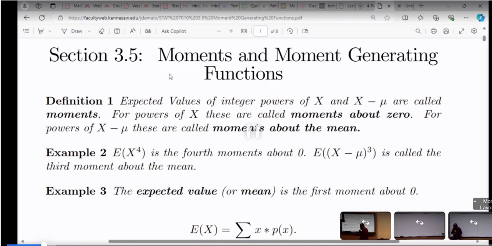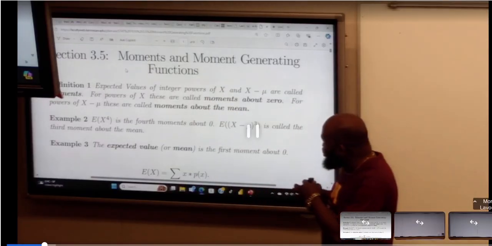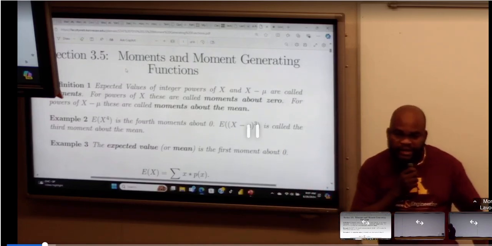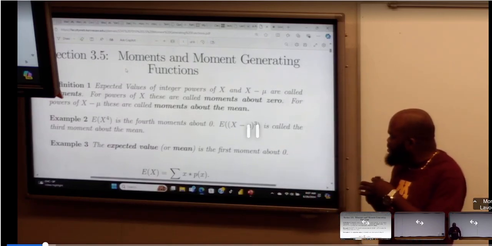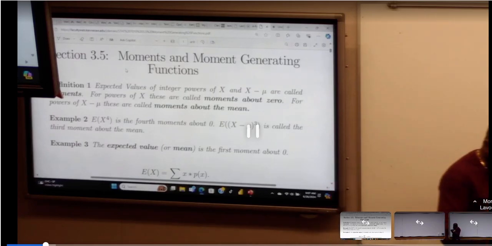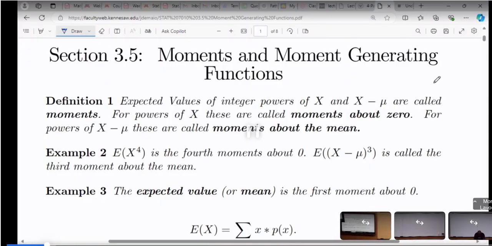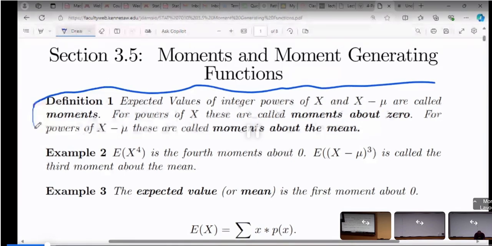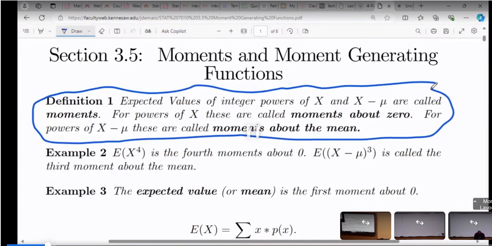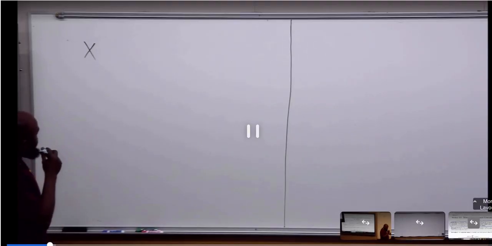So I'm going to start. We have two materials that are uploaded, and of course, starting with this. If you take a look at definition one, if I have a random variable X, a random variable can be discrete or continuous.